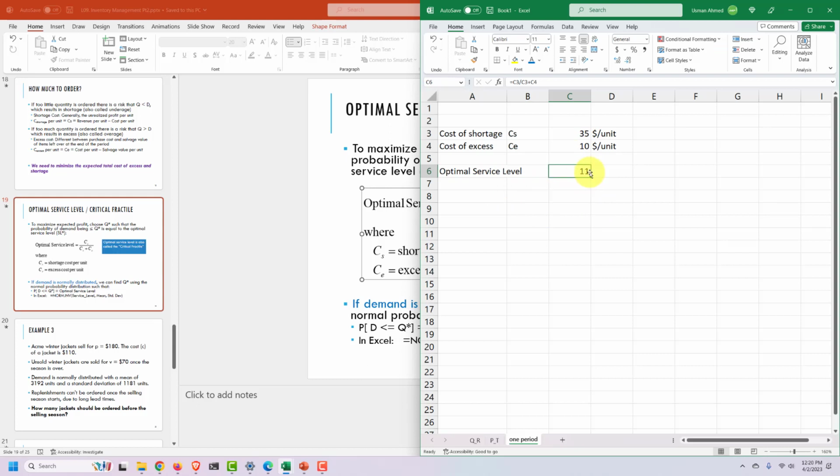It's a ratio. It can't be 11. It's dividing CS by CS, which is 1, and then it's doing plus 10, which is wrong. So we have to do bracket open CS plus CE, bracket closed. You can see we got a ratio of 0.77778, something like that.